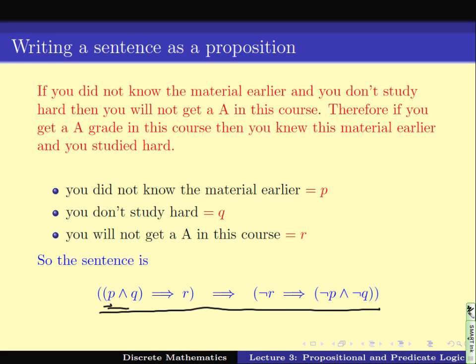You did not know the material earlier and you don't study hard implies you will not get an A in this course. Thus, or therefore, you get an A in this course implies you knew the material earlier or you studied hard. So this English sentence has been converted into a mathematical logic statement.